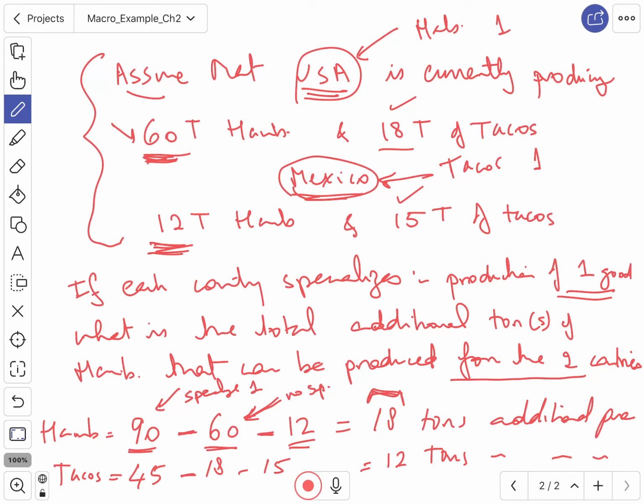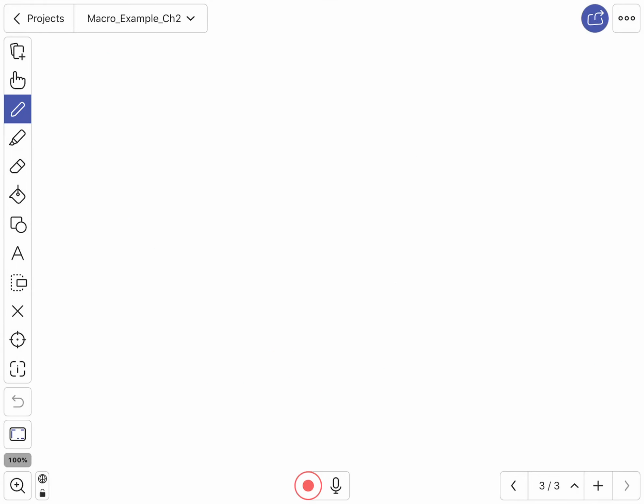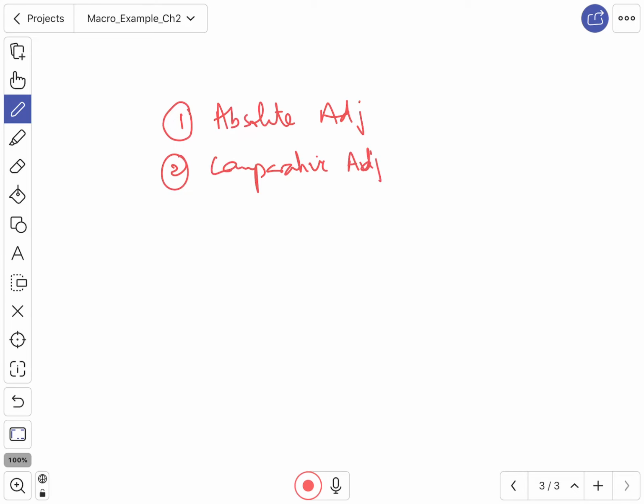So remember, each question is going to ask about main points: the absolute advantage, and the comparative advantage, and number 3, the gains from trade, right?